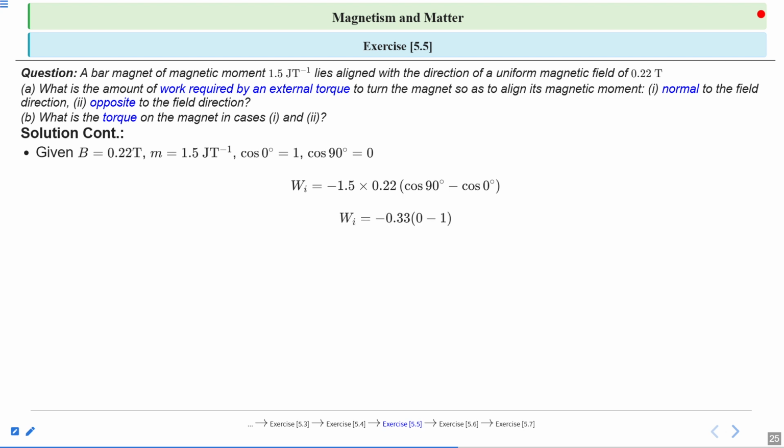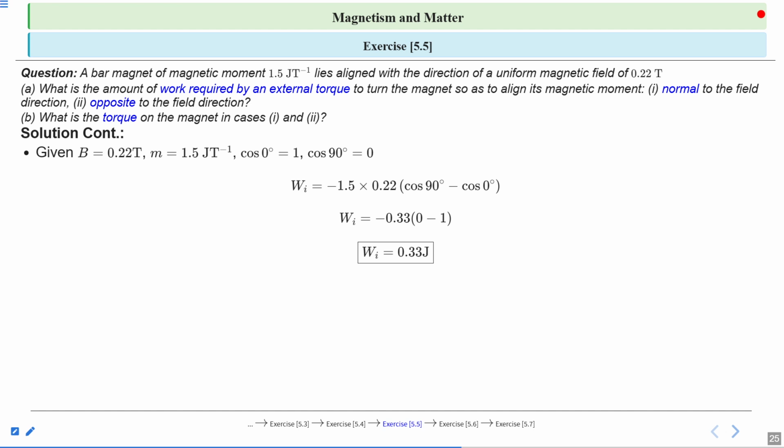Cos 90 degree is 0, and cos 0 degree is 1, so 0 minus 1 in bracket. 1.5 times 0.22 will result in minus 0.33. Multiplying this, the external work W1 will be 0.33 joule.